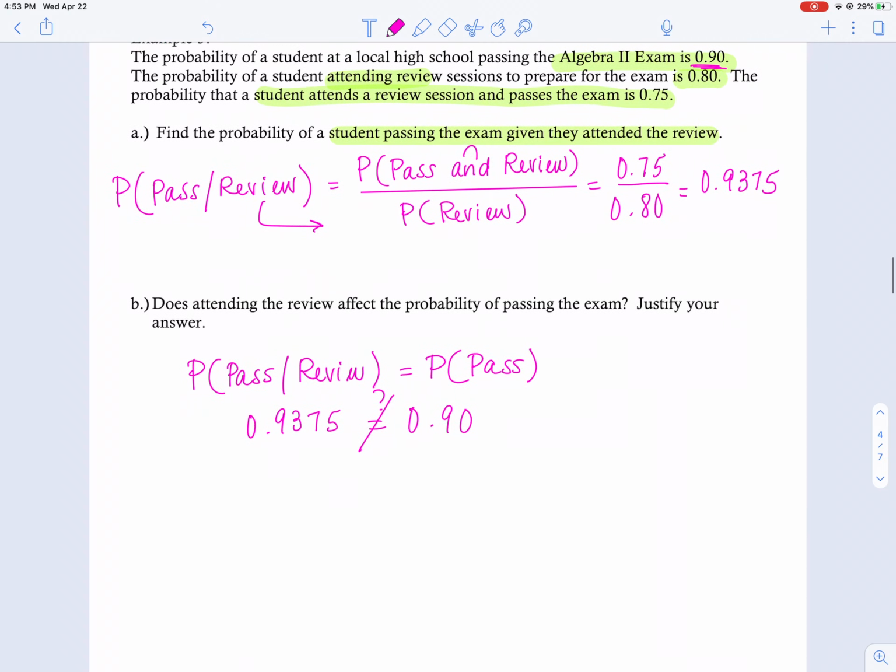It's not exact. So you would say, does attending the review affect? Yes.